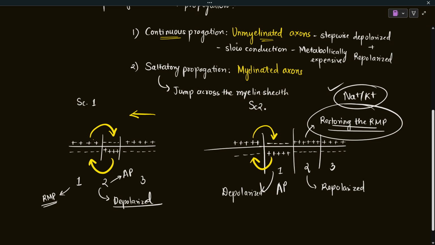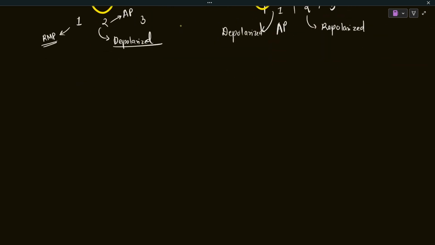Okay, this is the membrane. In continuous propagation, the current will flow continuously over the length, because the axon is unmyelinated, right? But in myelinated axons, the myelin sheath separates segments of the axon.